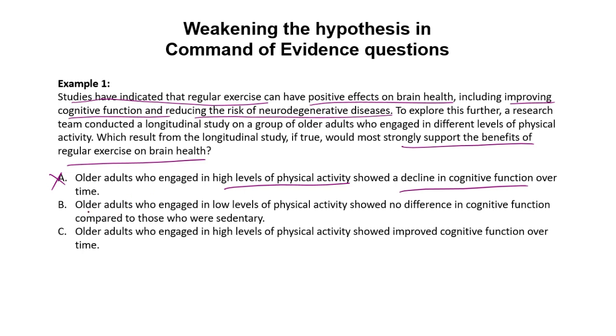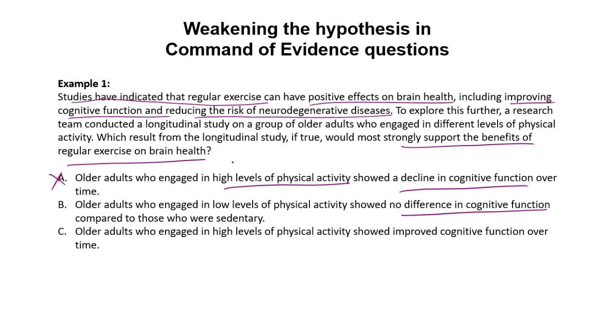The second one says older adults who engaged in low levels of physical activity showed no difference in cognitive function. So it's again kind of contrasting the study, right? The study says do regular exercise and you will see some positive effects on brain health.